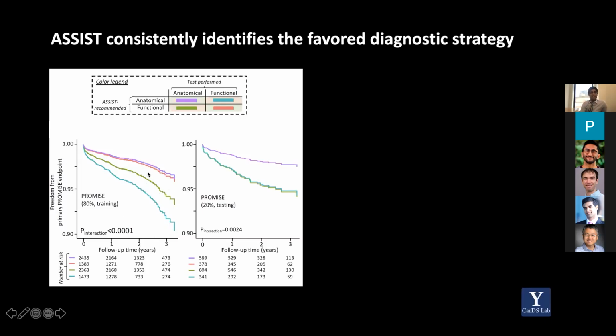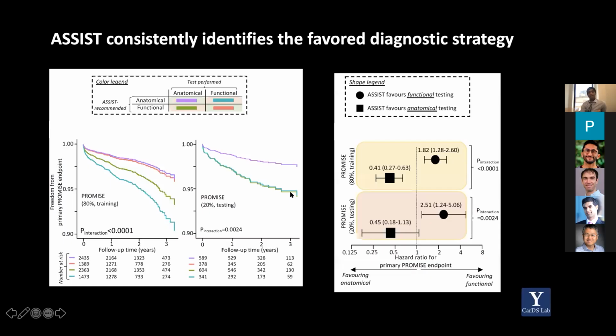Nevertheless, this is the training set, so we expected this to somewhat replicate what was seen. But even in the test set, we found that, and the lines actually overlap here, so they're hard to see, those who had ASSIST-recommended anatomical testing or ASSIST-recommended functional testing had much better outcomes than those who had discordant tests.